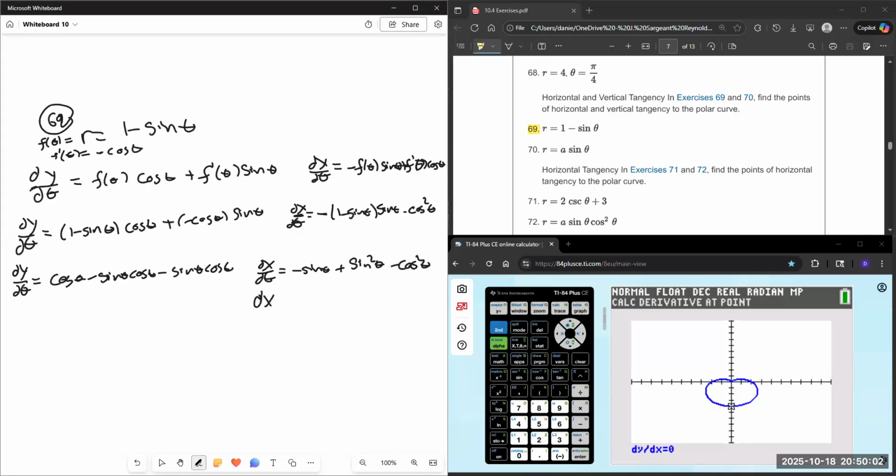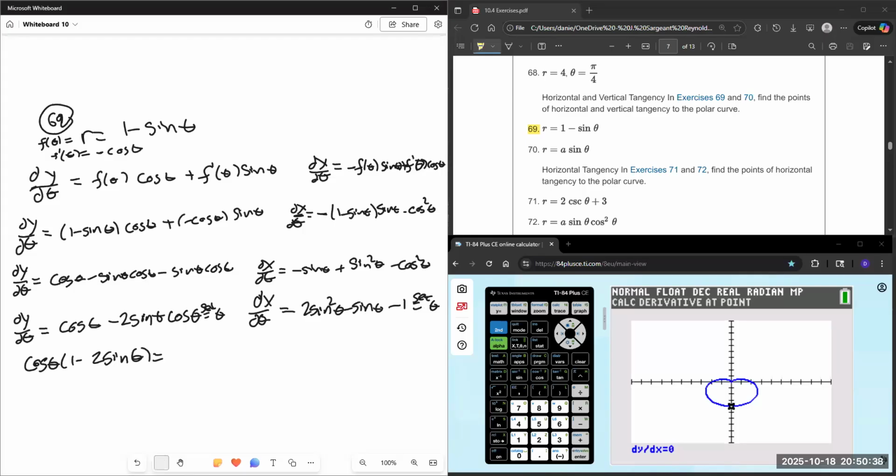dx/d theta is equal to 2 sine squared theta minus sine theta minus 1. This is dy/d theta is cosine of theta minus 2 sine theta cosine of theta. Going to set these equal to 0 and solve. So cosine of theta times 1 minus 2 sine of theta is equal to 0.